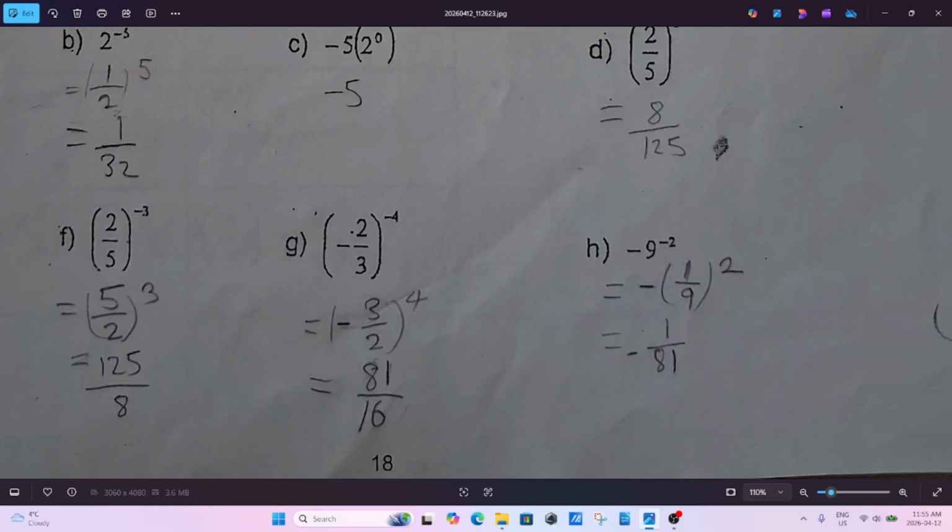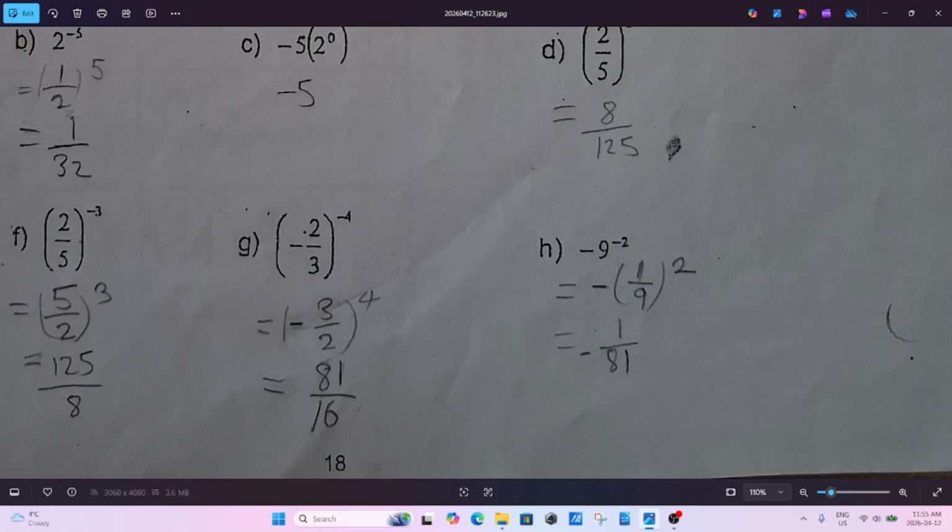G, (-2 over 3) to the -4. So to get rid of the negative exponent, we reverse it, so it becomes (-3 over 2) to the 4. Because the negative is inside the bracket, when you multiply by an even exponent, the negative disappears. So you just get 81 over 16.